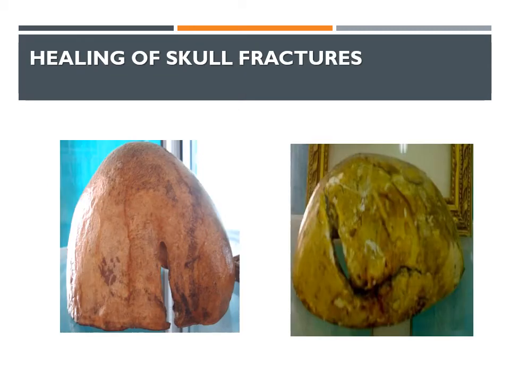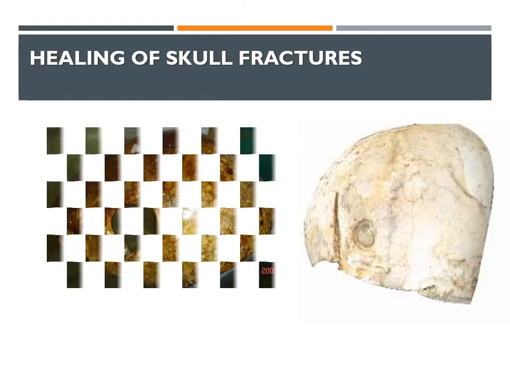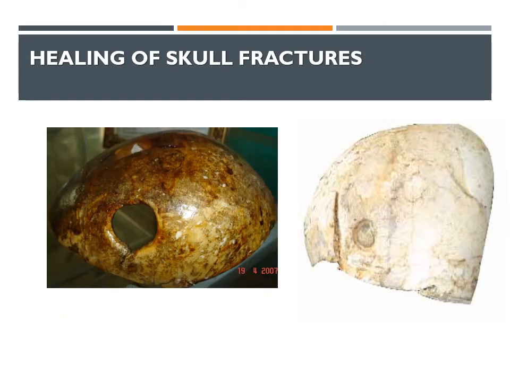This is the shape of smoothing of edges, which takes 3 weeks to occur. In this picture to the left, showing smoothing of edges, which is the first sign of healing, and this picture to the right, showing formation of fibrous membrane.